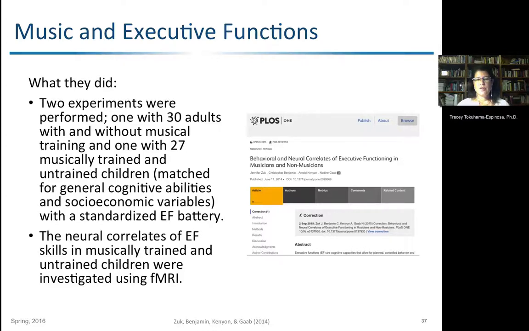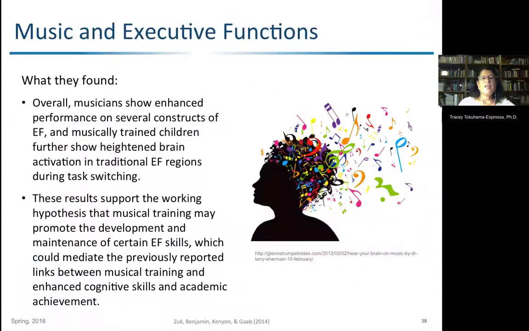They were matched for general cognitive ability and socioeconomic status, and they used fMRI. What did they discover? Overall, musicians showed enhanced performance on several sub-elements of executive functions. And musically trained children further showed heightened brain activation in traditional regions of executive functions when they did task switching, which has a lot to do with attention.